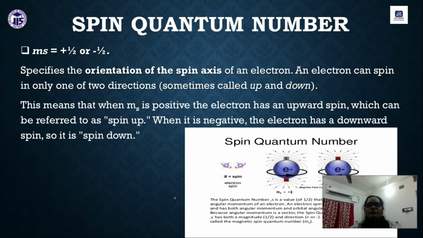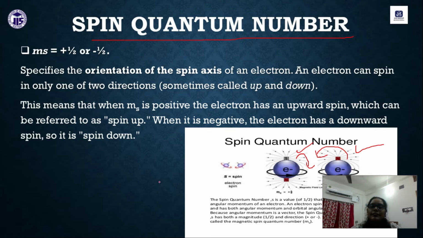Okay, next is spin quantum number. Spin quantum number means in an energy level, maximum 2 electrons will be there in an orbital. So what will happen, if one electron is clockwise rotation, then the other electron will be anti-clockwise rotation.